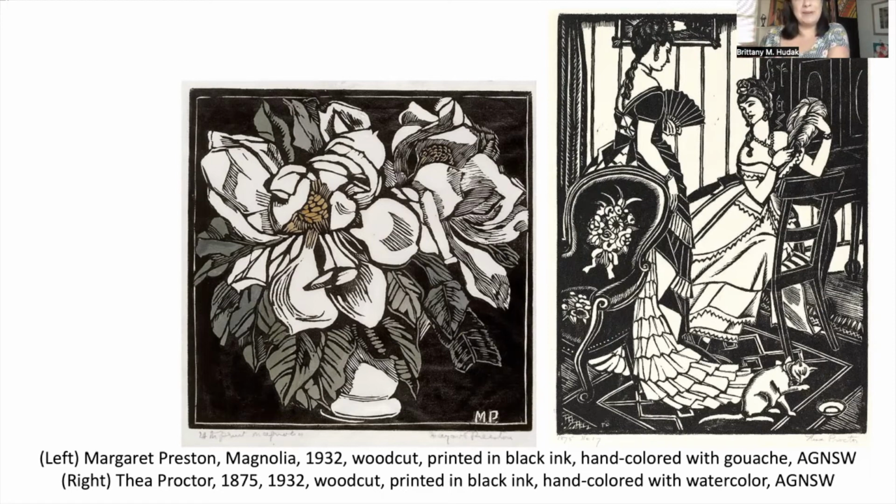A couple years later, the Art Gallery of New South Wales chose one work to purchase for their collection, and it was by Thea Proctor, not Margaret Preston. So Preston went over to Proctor's for afternoon tea and supposedly brought a plate of cookies. And when Thea gave her the news that the trustees had selected one of her works over one of Margaret's, she supposedly threw the cookies at Proctor and stormed out and never spoke to her again.